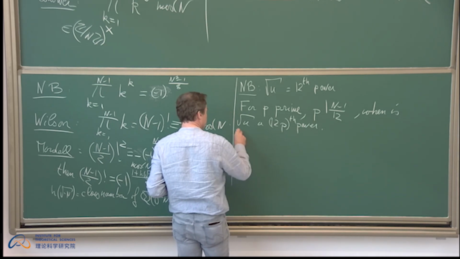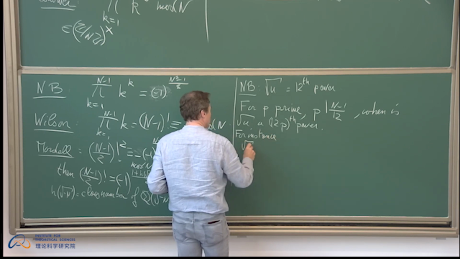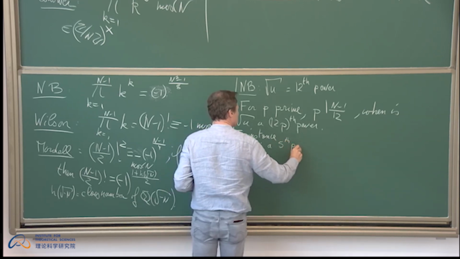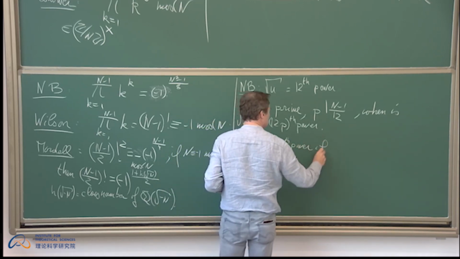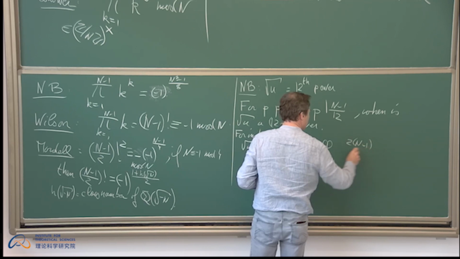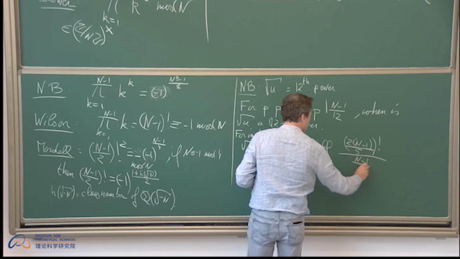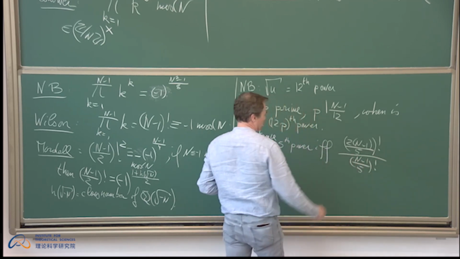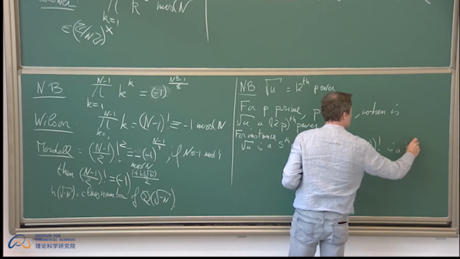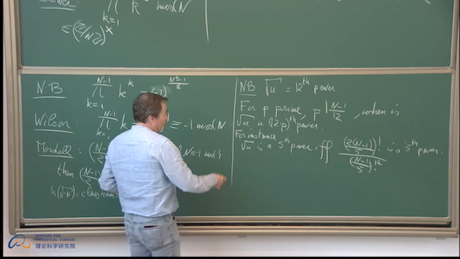For instance, the root of u is a fifth power if and only if you take this factorial and you divide out by, square is a fifth power. What about the third power?